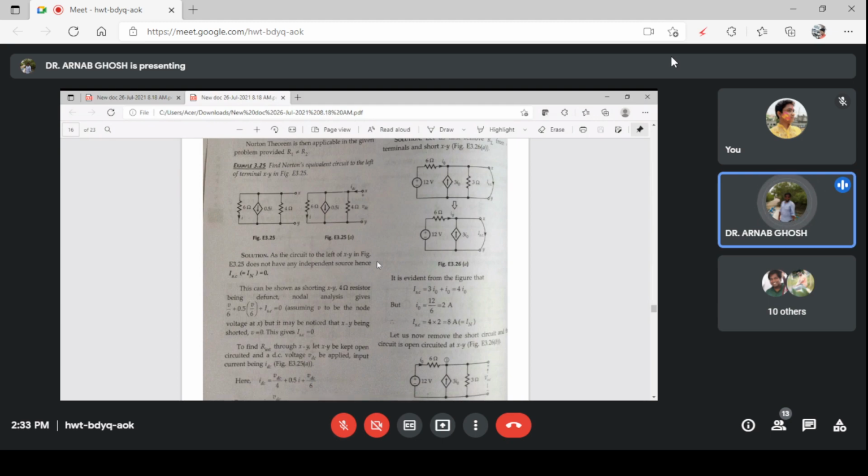Okay, so you can just eliminate this 3 ohm resistance. Right? So if you consider this node, apply node analysis.